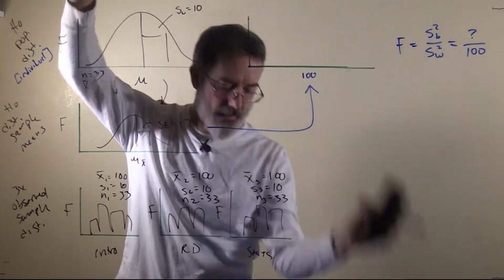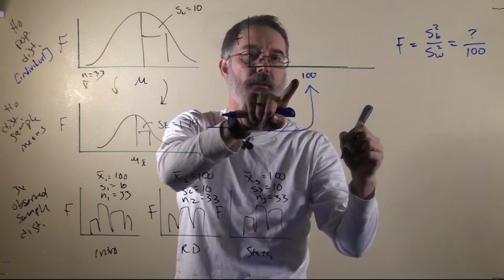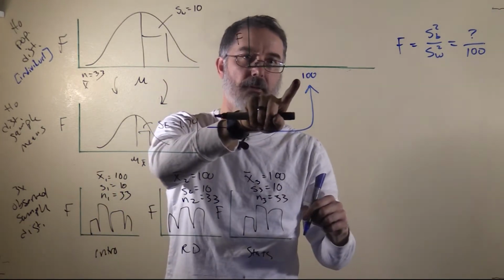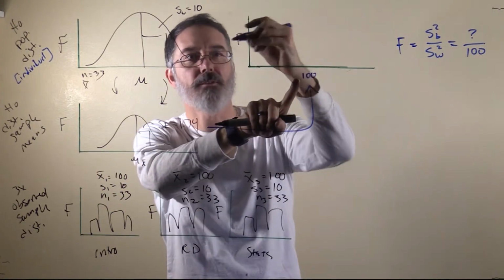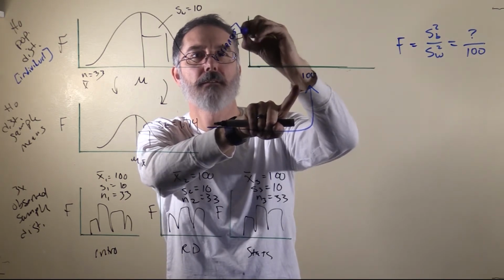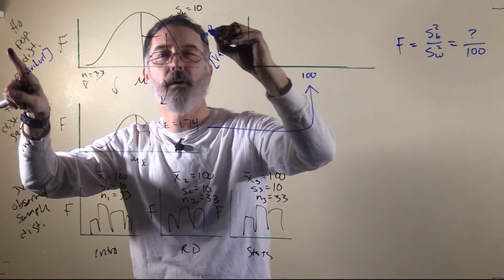So I want to point out that this 100 is a variance. It's not an individual score. It's a variance of a distribution. So these are variances, and they are variances at the population level.